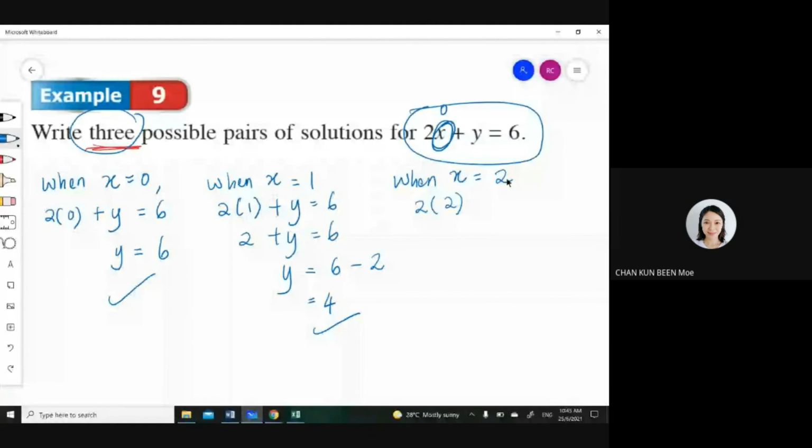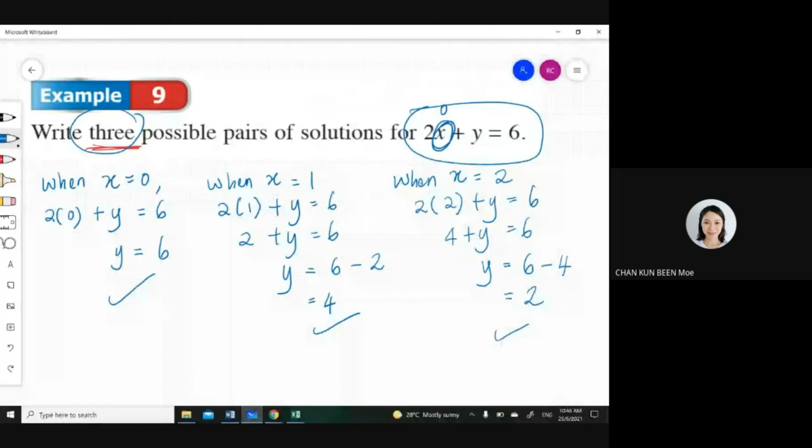Plus y equal to 6. So over here, 2 times 2 equal to what? 4. 4 plus y equal to 6. So if I want to find y only, it will be 6 minus 4. Correct. Very good. We have 2 only. Okay, so all the 3 pairs is done.